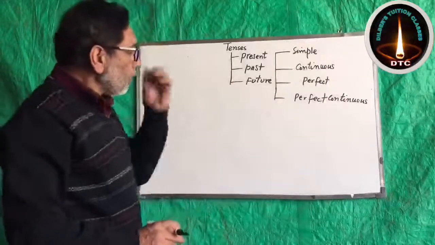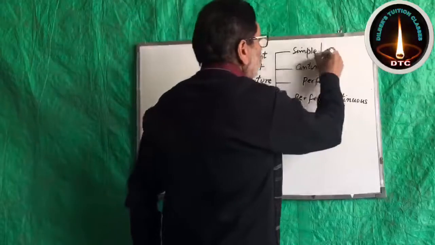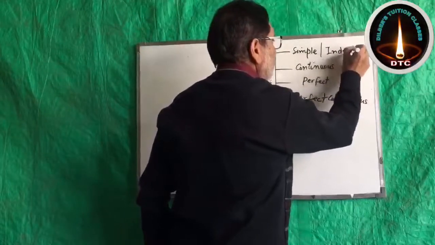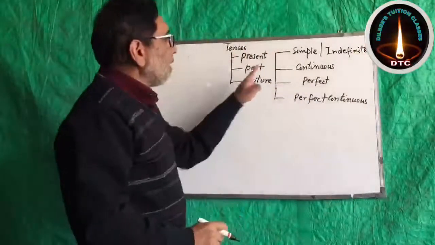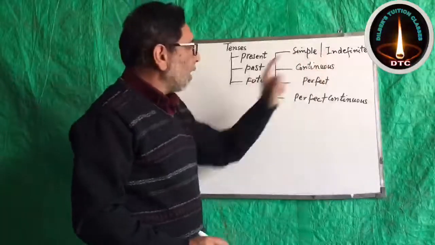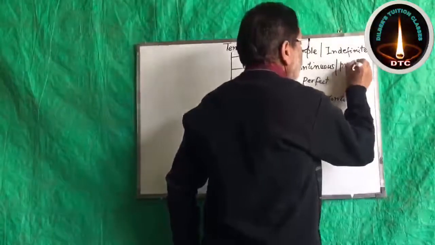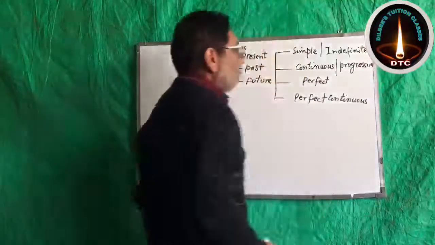Also I must tell you, simple was previously known as indefinite. You can also say present indefinite, past indefinite, future indefinite. Continuous has a new name also, that is called progressive.